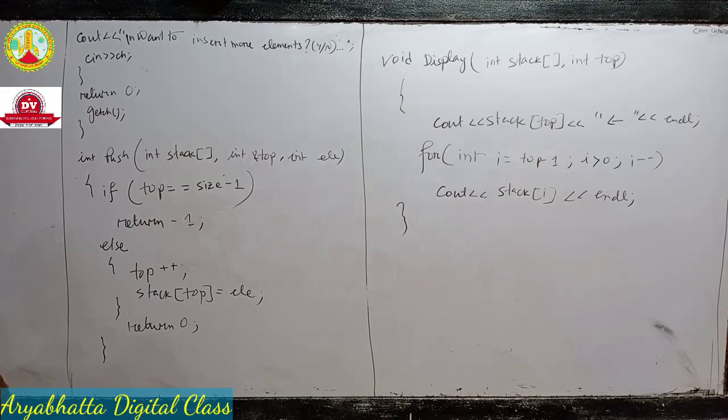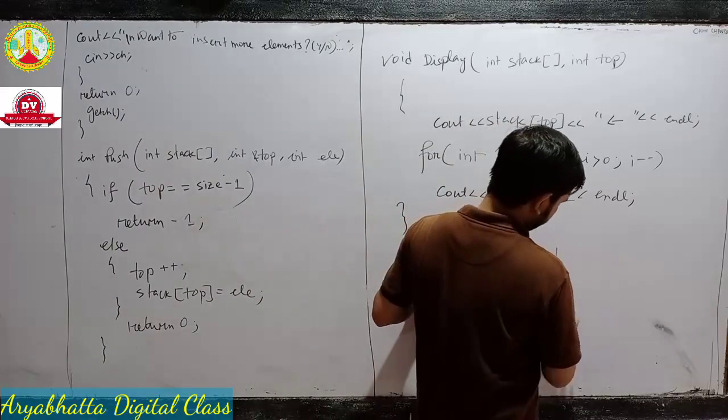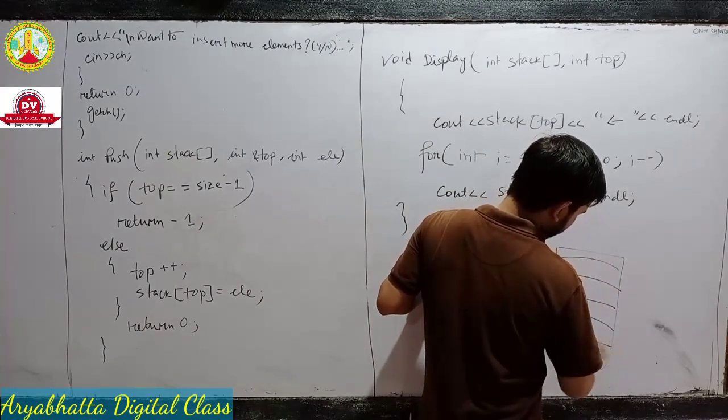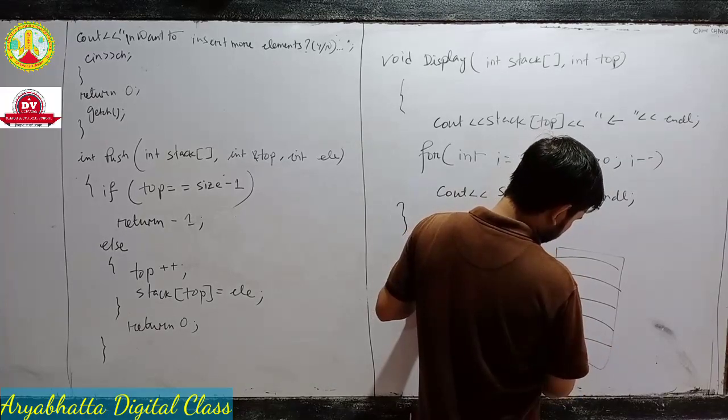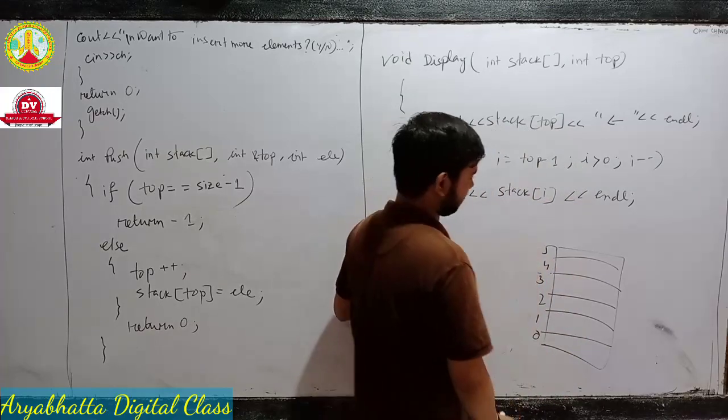See, why do we use a decrement loop? I told you, because in a stack, you see, the index is coming where 0, 1, 2, 3, 4, 5. Your index is reverse.